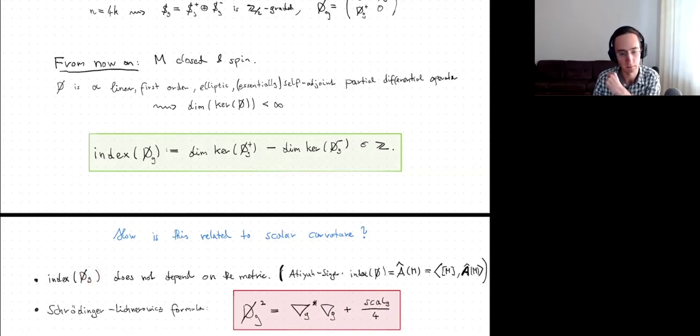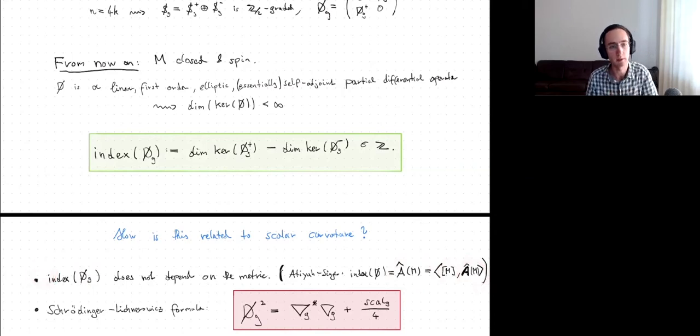So the index is really just an invariant of the manifold. And in fact, the Atiyah-Singer index theorem tells us what it is. It is the A-hat genus of the manifold, which is a certain characteristic number, which can be computed by pairing the homological fundamental class of the manifold with the A-hat class of the manifold. So that's the first part.